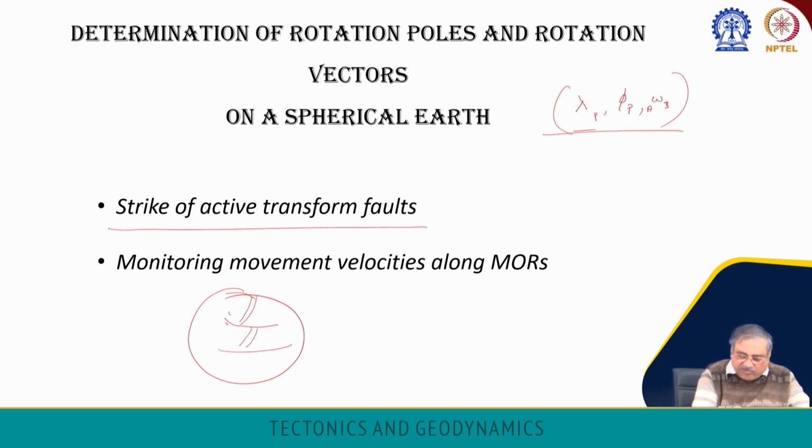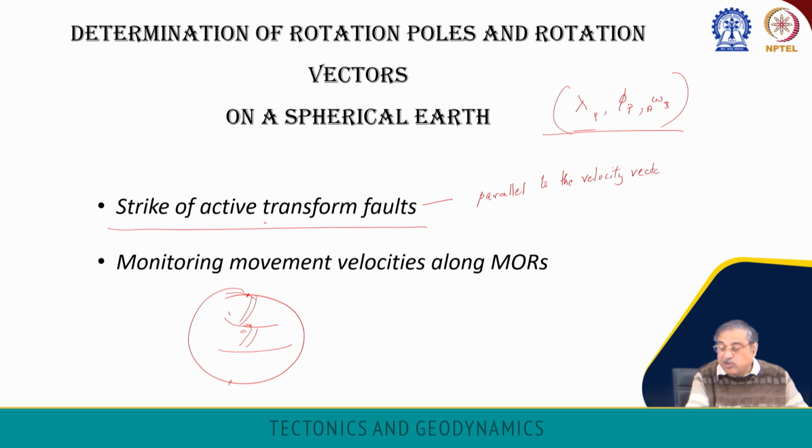We know that a transform fault is essentially strike slip. Now, with respect to the Euler pole of rotation on a spherical earth, since we know that the velocity along a transform fault has to be parallel to the fault itself, then automatically it means that a transform fault must be parallel to the velocity vector.